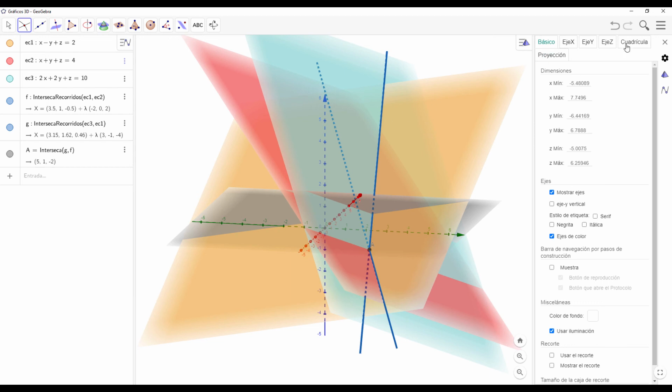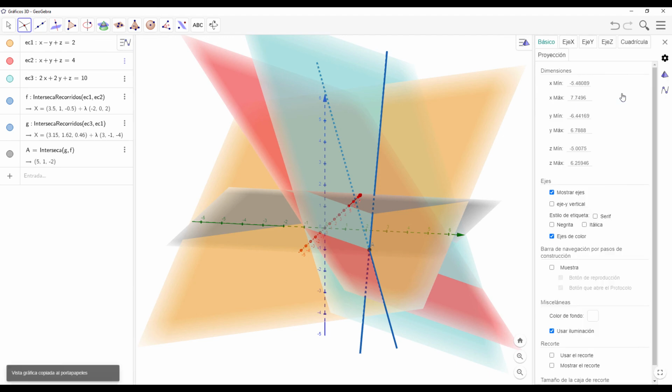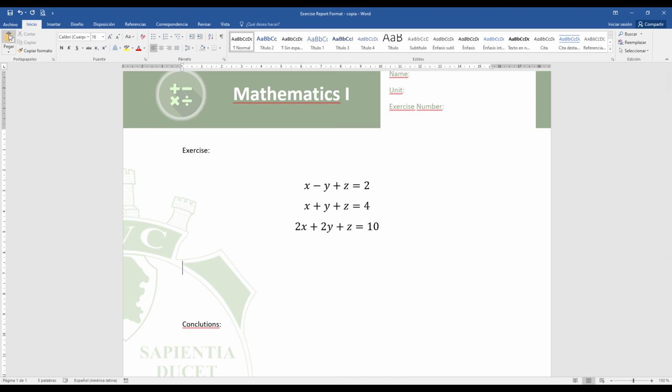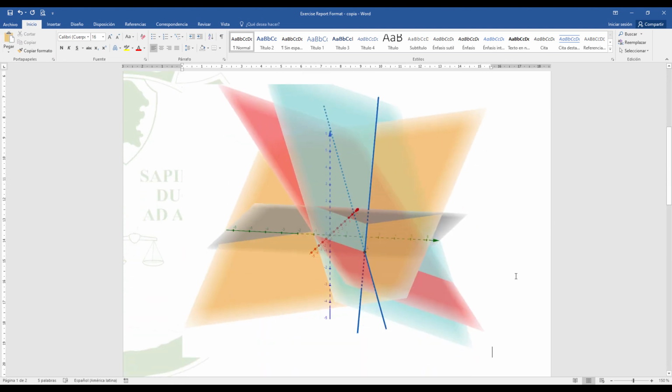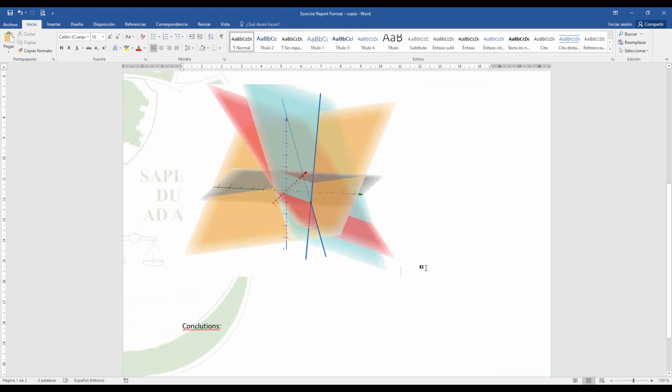So you can copy, move, and paste the solution on the graph. And you can write: the solution is 5, 1 and minus 2.